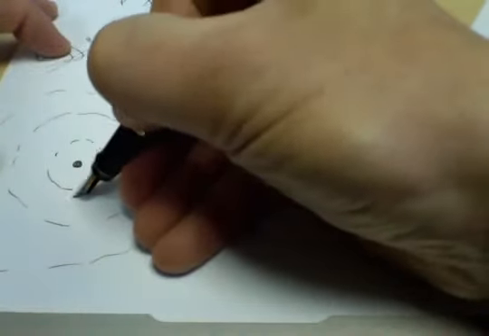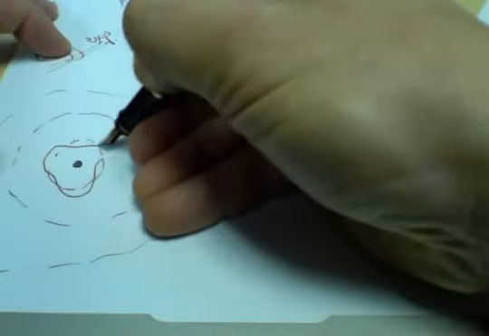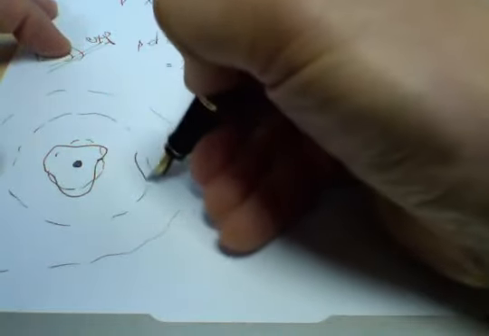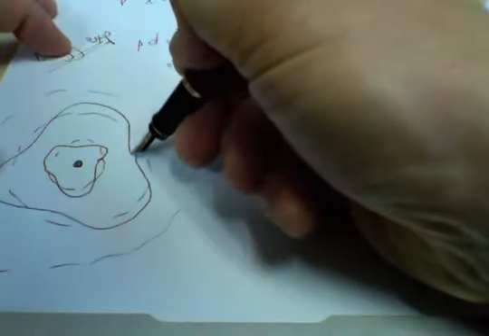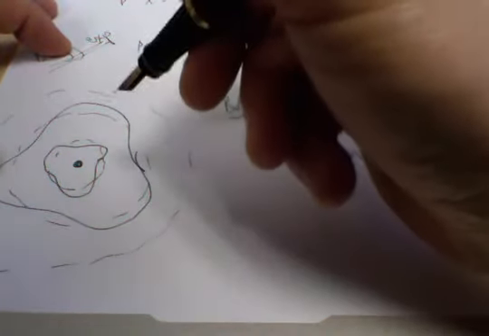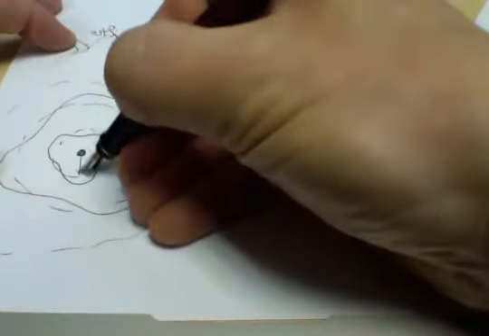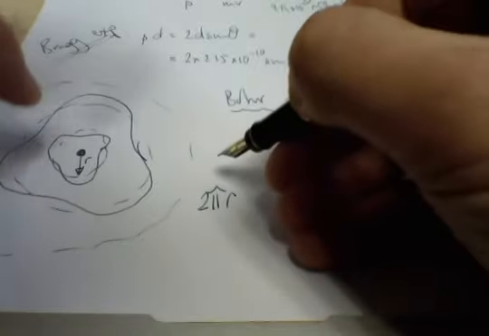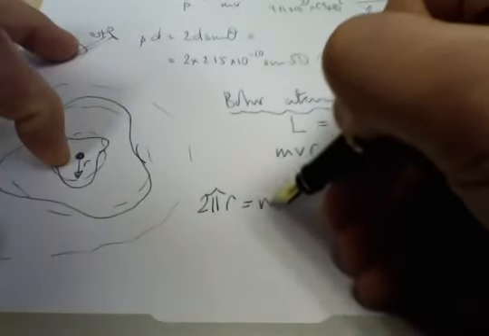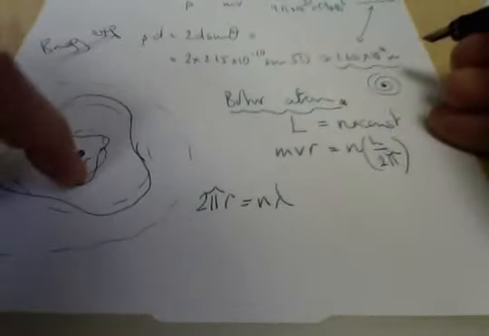Now what de Broglie had shown was this electron was a wave, so these electrons exist at points where there are standing waves in atoms. And if there are standing waves at these points, then you can say that the circumference has got to be a whole number of the wavelengths of that electron.